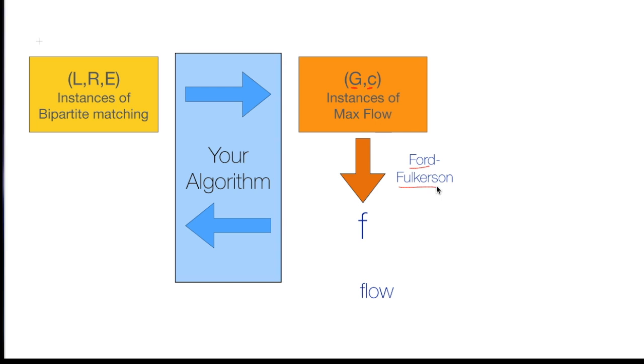For example, we could use Ford-Fulkerson, and that would give us a flow. Now, flows aren't natural solutions to bipartite matchings, but our algorithm would take that flow and map it back to a matching. And you've had examples like this for homework 7, all three of those examples where taking instances of problems, mapping them to bipartite matching or some other type of flow.